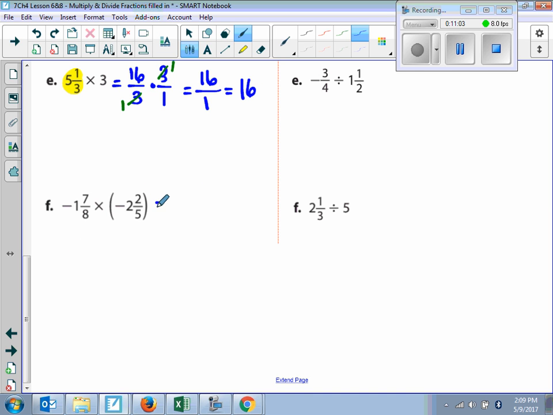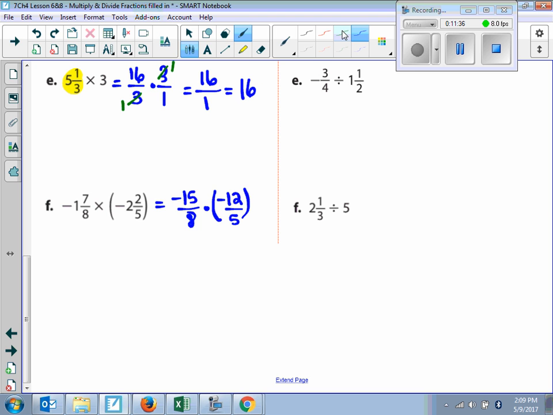So here, the negative 1 7/8 becomes negative 15/8, right? So that's going to be negative 15/8 times the negative 2 2/5 becomes a negative, very good, negative 12/5.